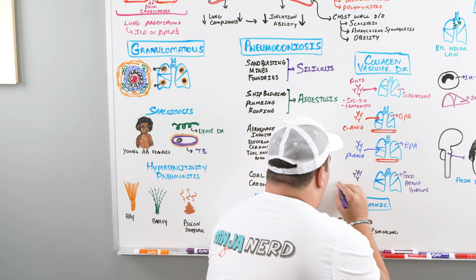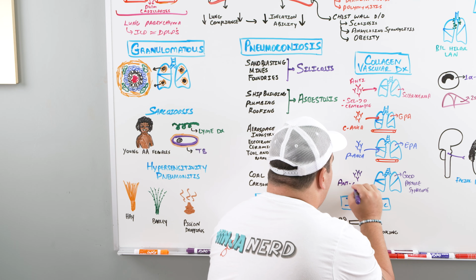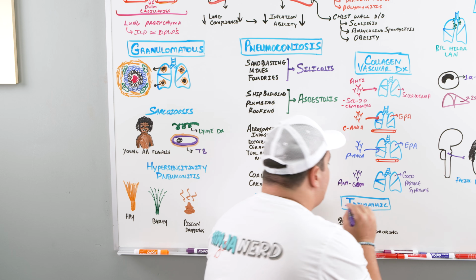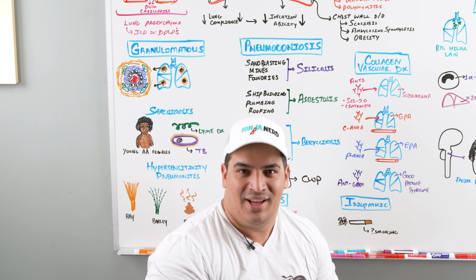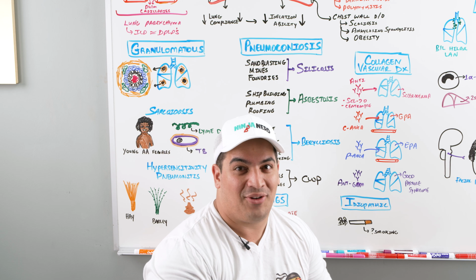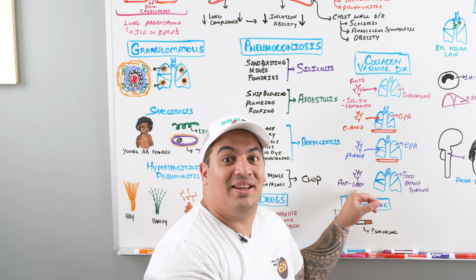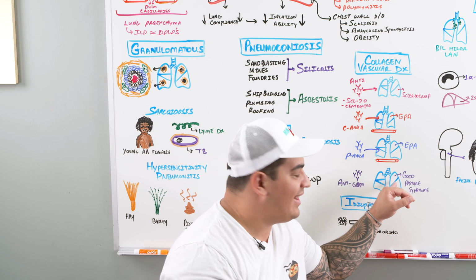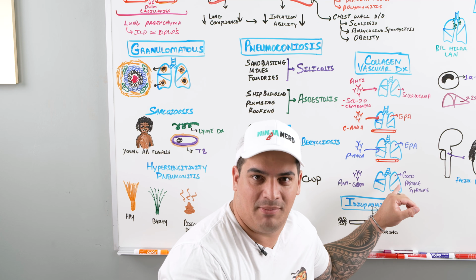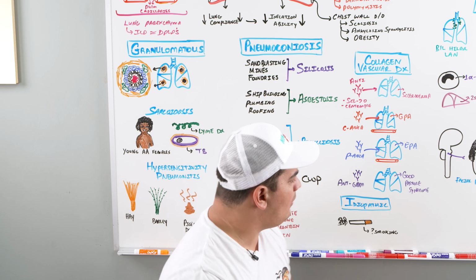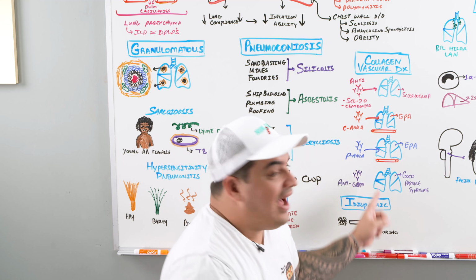These antibodies are called anti-GBM, glomerular basement membrane antibodies. And so these are also really important because not only do they attack the glomerular basement membrane, they also attack the basement membrane of the pulmonary system as well, the respiratory membrane. All right, this is the collagen vascular disease.